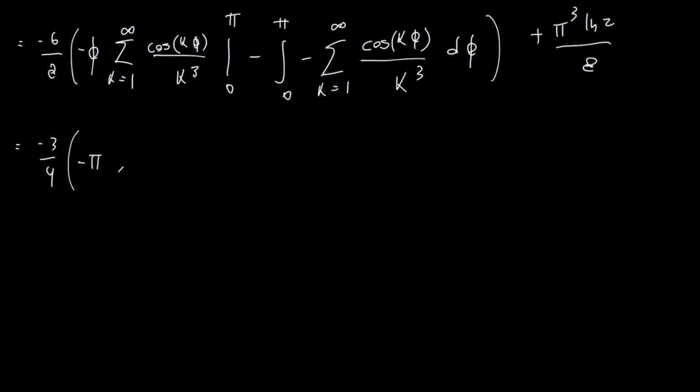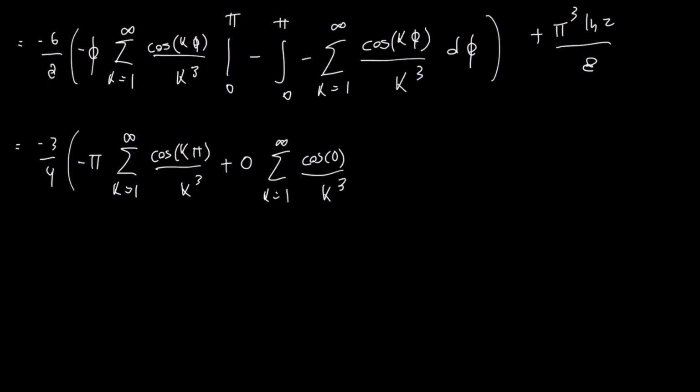At pi, we're going to have a negative pi, the sum from 1 to infinity, cosine of k pi over k cubed, and we're going to have a plus 0 times the sum from 1 to infinity, cosine of 0 over k cubed. The negatives turn to a positive. We have a plus the integral from 0 to pi of the cosine of k phi over k cubed.